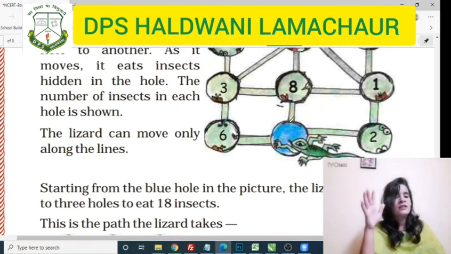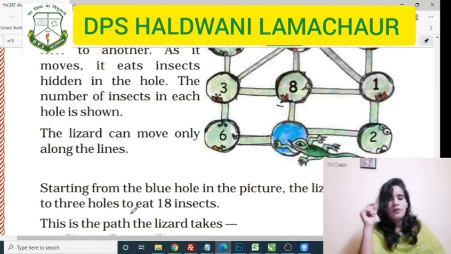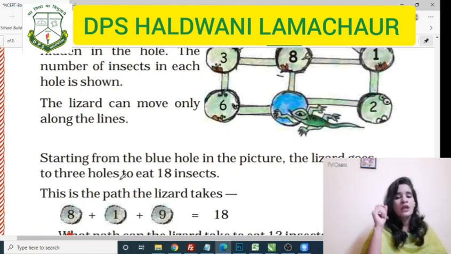Now it will start from the blue hole, as you can see here. To reach the third hole, she has to eat 18 insects. She goes to 3 holes to eat 18 insects.